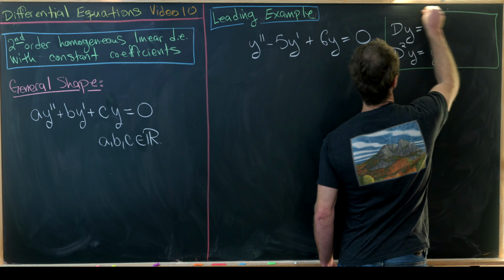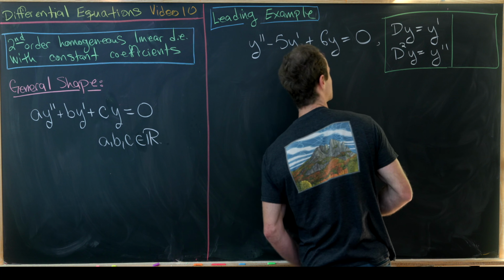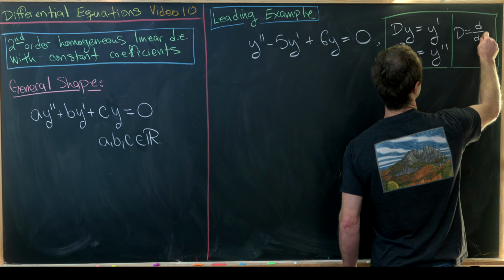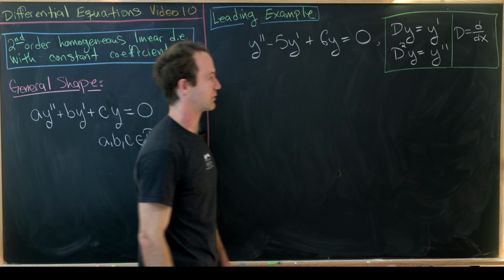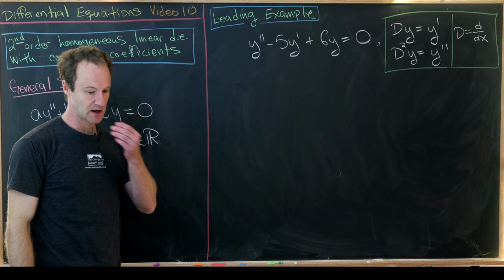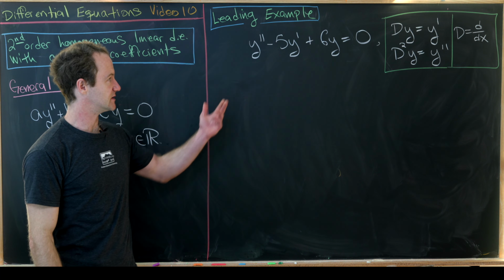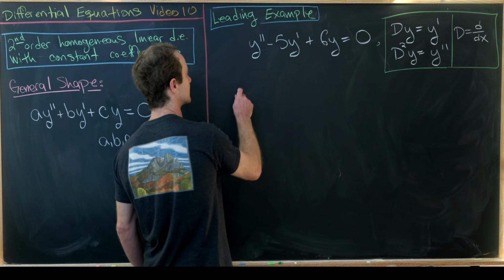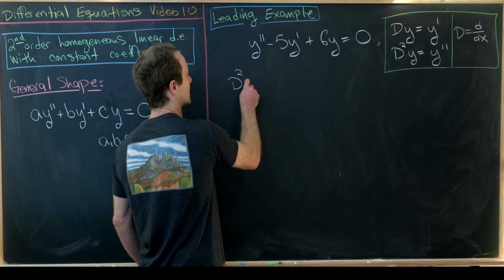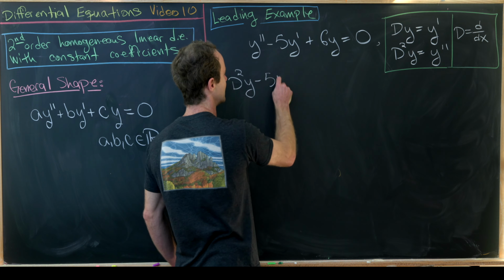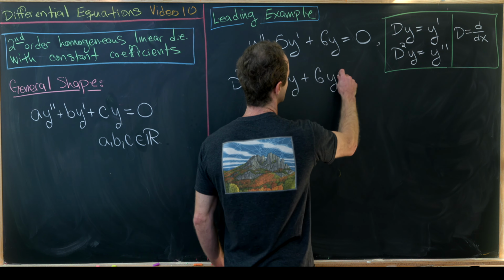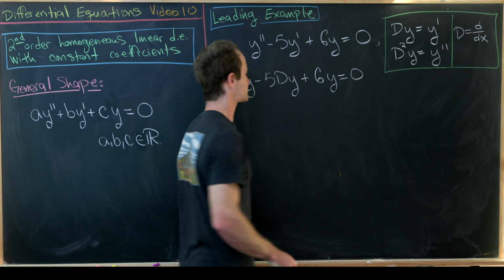Maybe you would want to say D is d/dx, but it's a little cleaner just to use this capital D here. But like I said, you could write D as the operator d/dx. Now what I'll do is rewrite this differential equation with the D operator. That'll be D²y - 5Dy + 6y = 0.